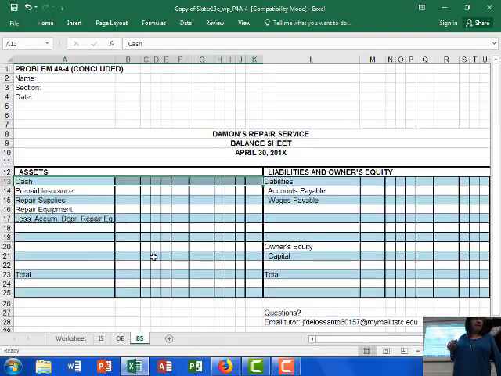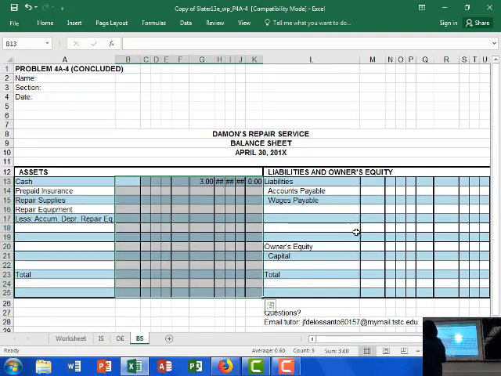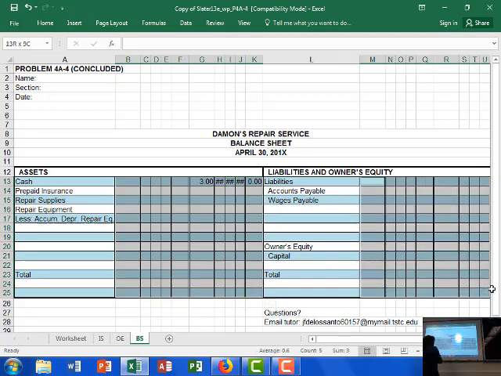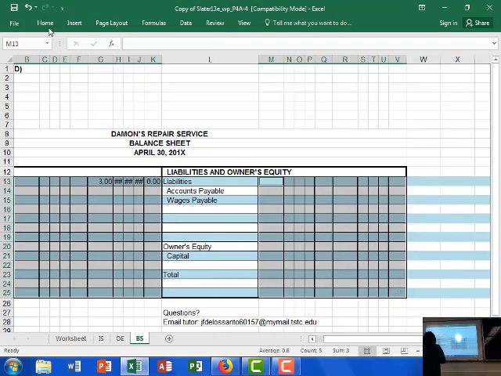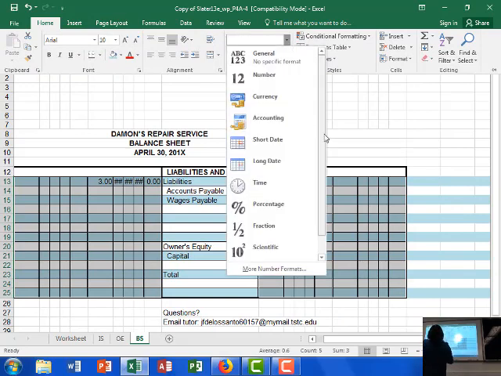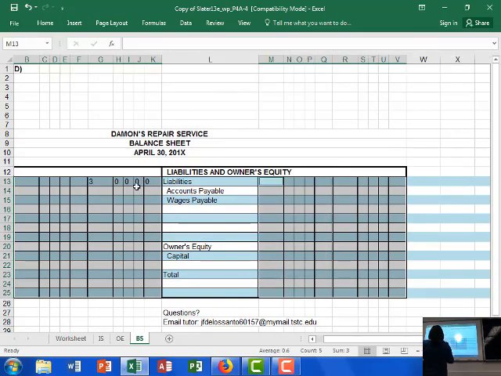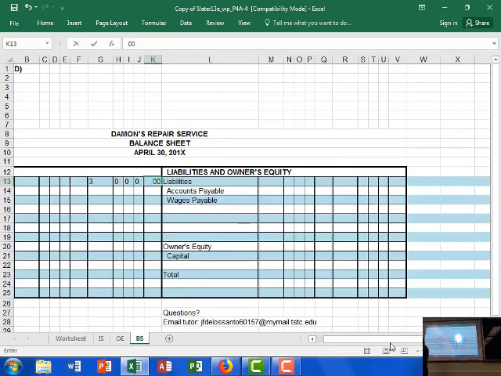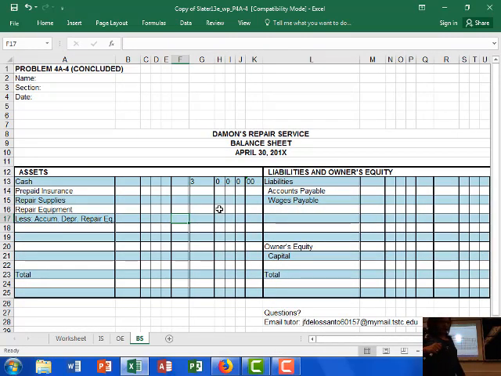$3,000. Alright. For prepaid insurance, we have how much? $4,500.